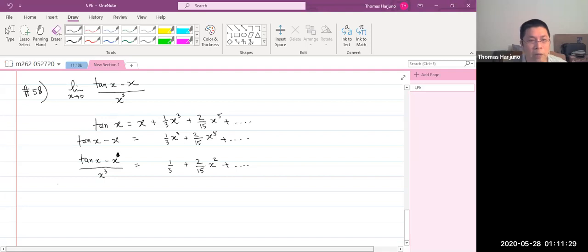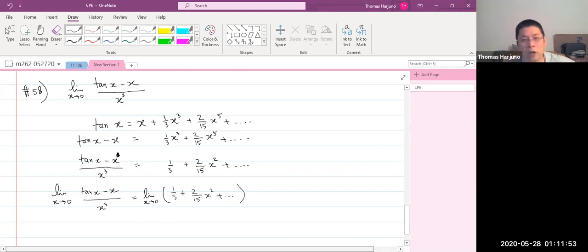Now apply the limit. The limit as x approaches 0 of tangent x minus x over x cubed equals the limit as x approaches 0 of 1/3 plus 2/15 x squared and on, with x squared and then x to the 4th and on. But that's basically applying x equals 0. So the limit is 1/3.